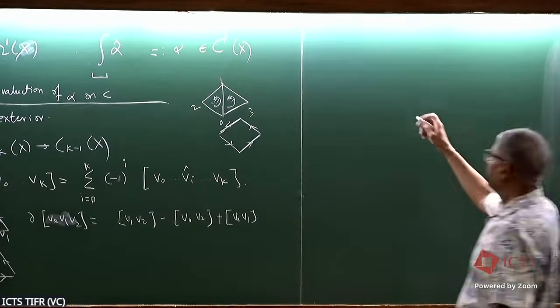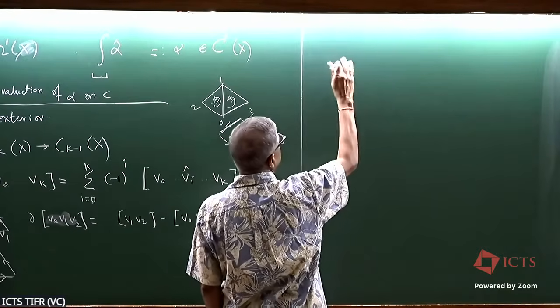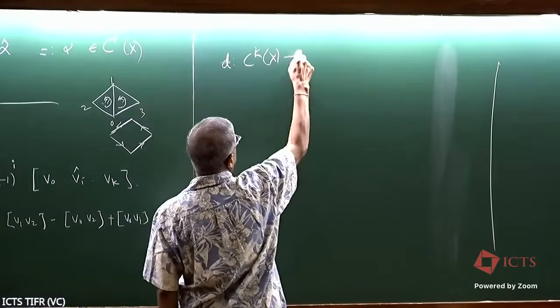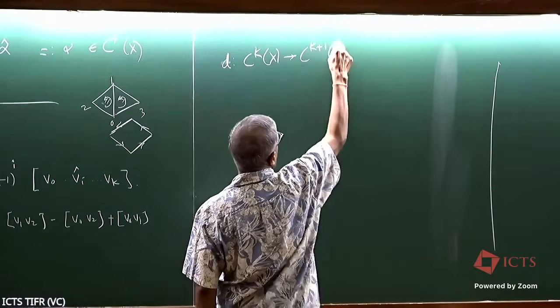So we'll define the co-boundary operator as a map that takes k co-chains to k plus 1 co-chains. Sorry, co-chains.